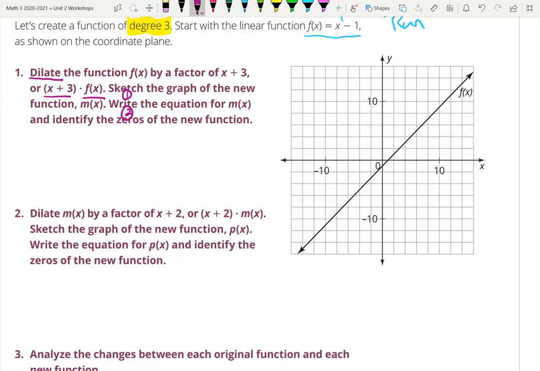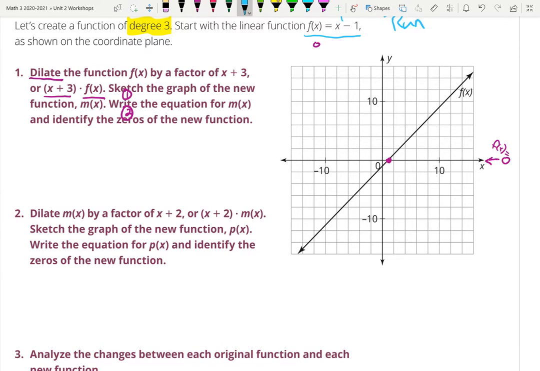Notice I have a 0 already. The 0 is when it's at the x-axis. f of x is equal to 0 when... remember, the y is f of x. So here at the x-axis, f of x is equal to 0.